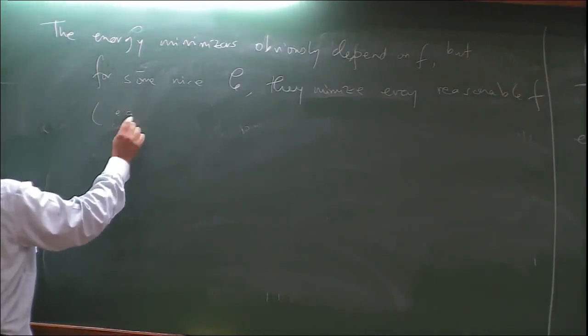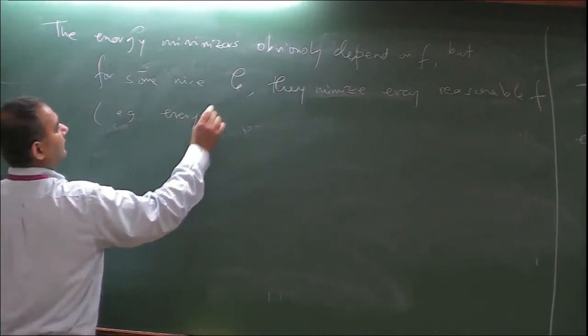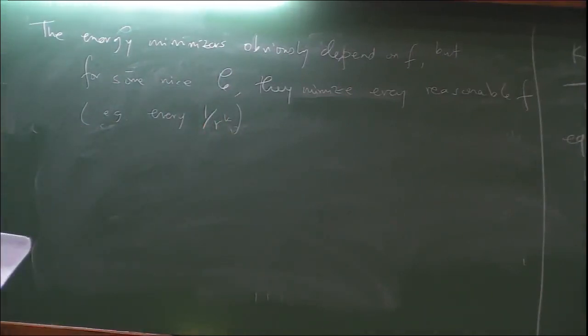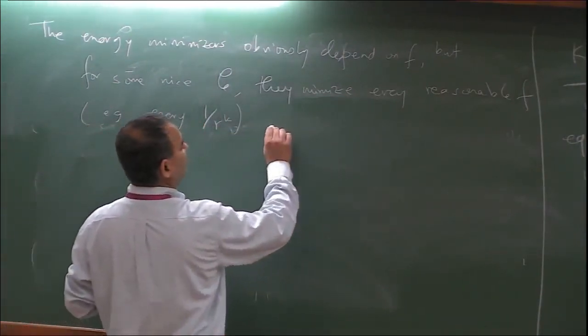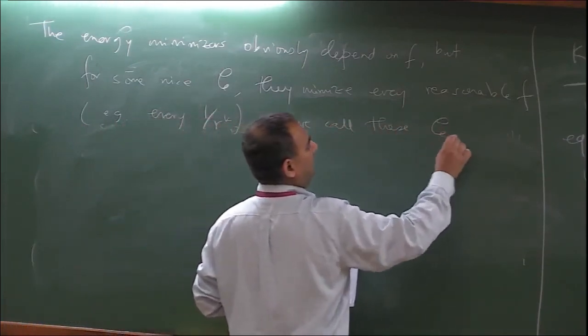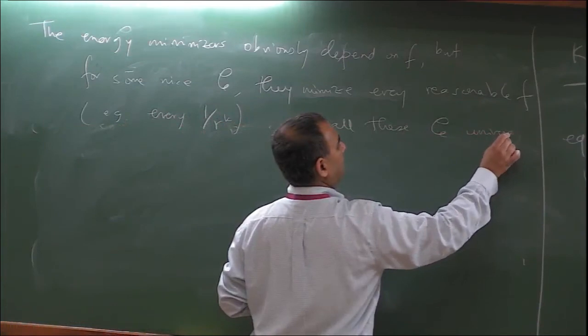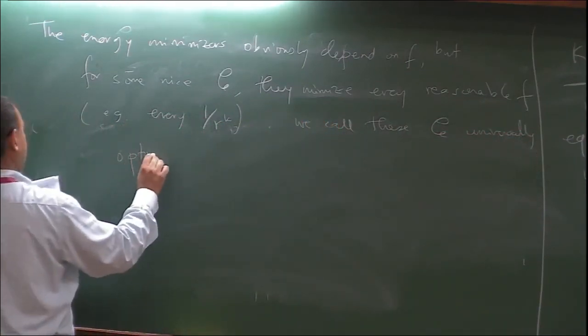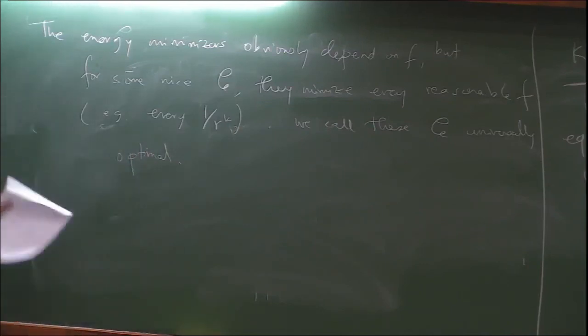So, for example, every inverse power law potential function. We call these C universally optimal. And I should say this is a very sporadic case. I mean, you don't expect to see too many universal optima.